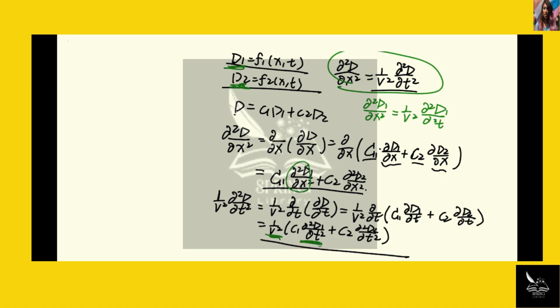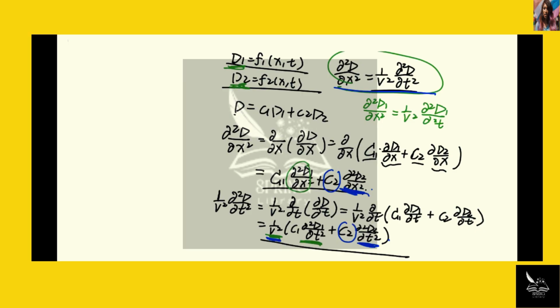And of course, I multiply both of them by c1, but they will still be equal. And similarly, this term will be equal to this term. Remember, there is a 1 over v squared outside of parentheses. But these two terms will be equal because d2 also satisfies this equation. And of course, I multiply both of them by c2, but that does not change the equality.